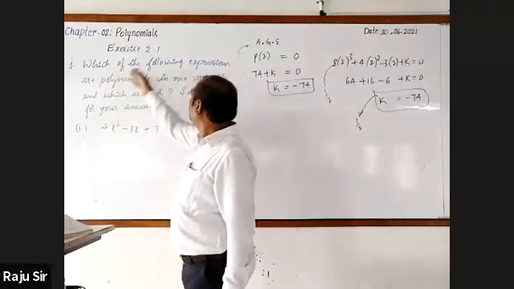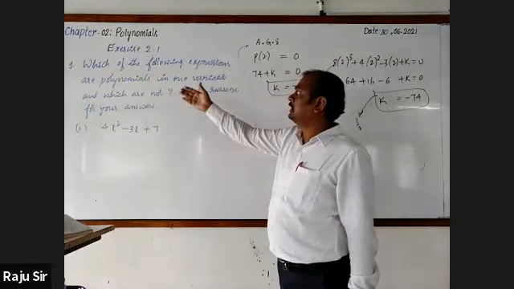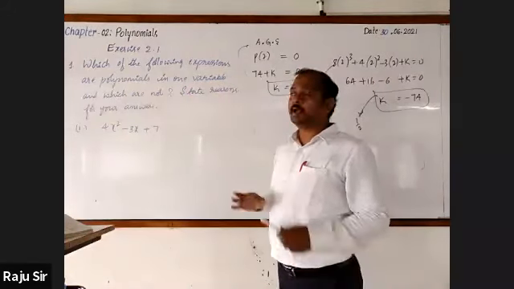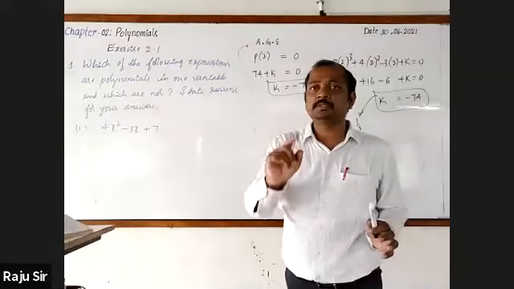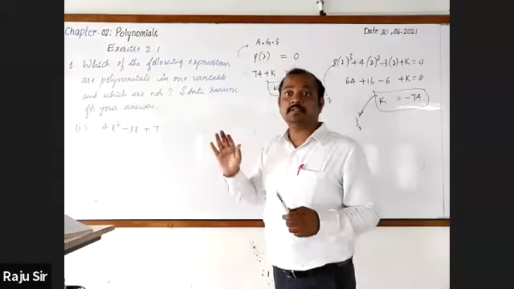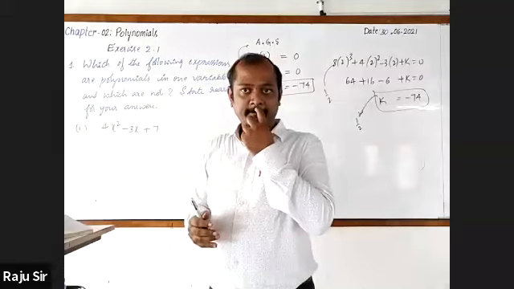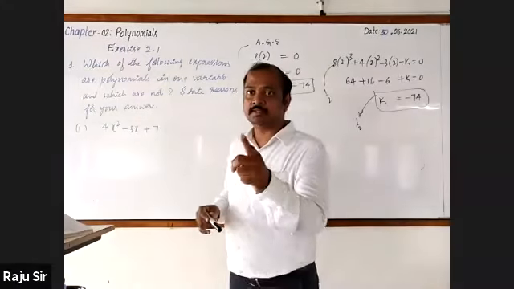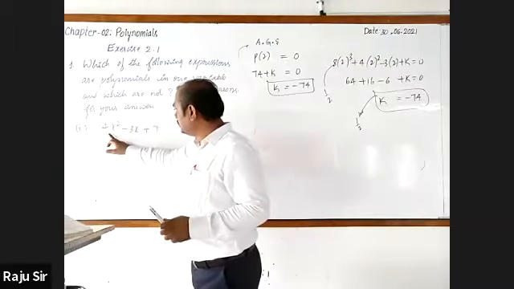The statement is, which of the following expressions are polynomials in one variable and which are not? Very simple. First you should identify whether it is a polynomial or not. To identify it, you have to observe the power of the variable. If the power of the variable is not a whole number, then it is not a polynomial.